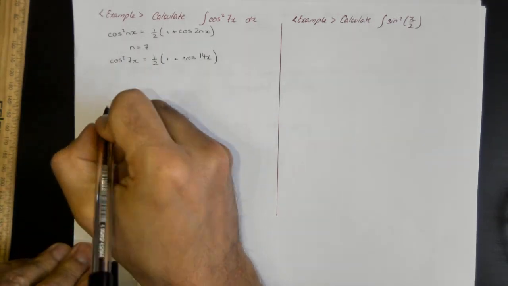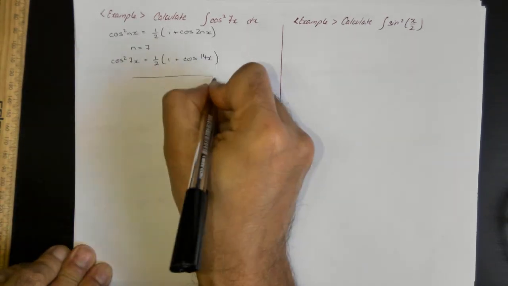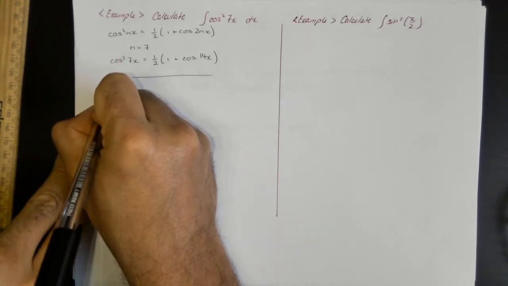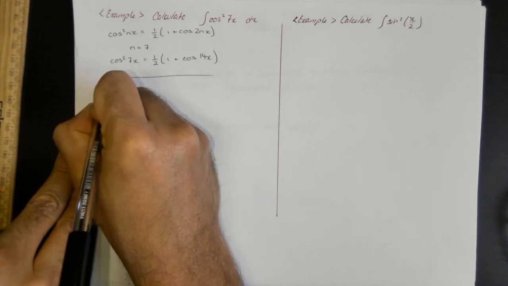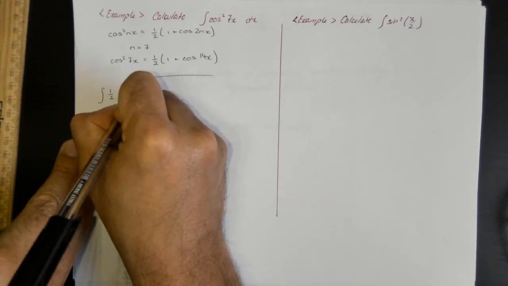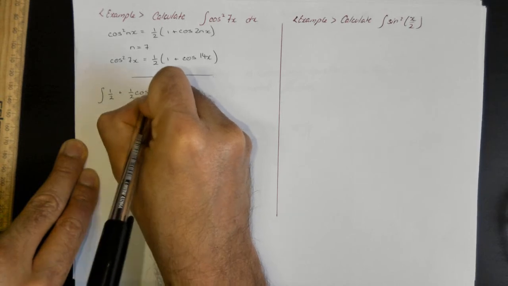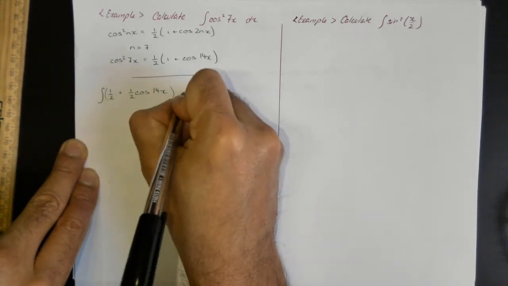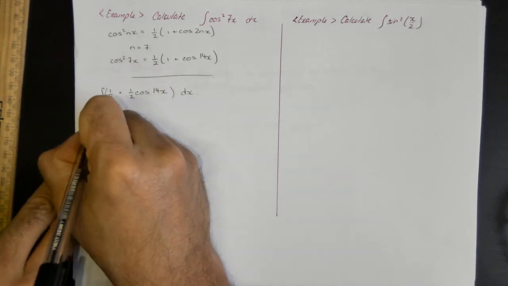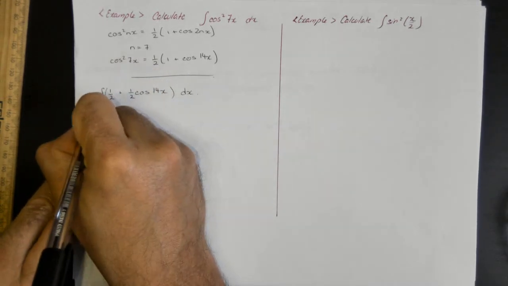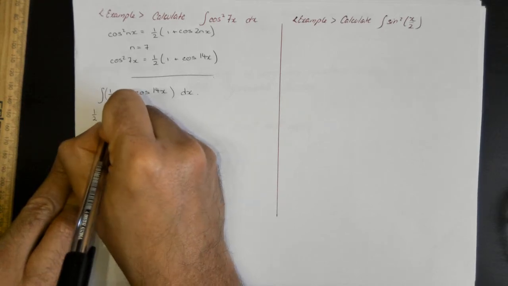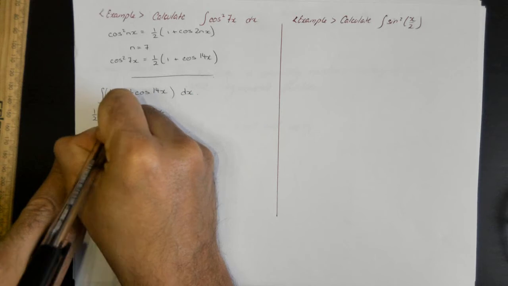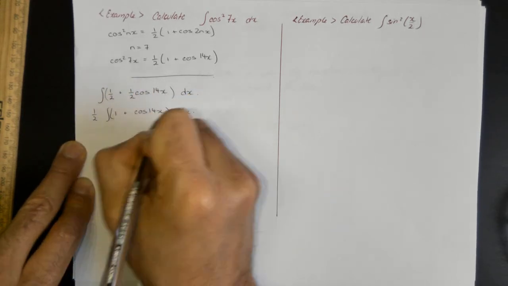So what we want to do is integrate a half plus a half cos of 14x dx, or we can take out that half and have 1 plus cos 14x dx.